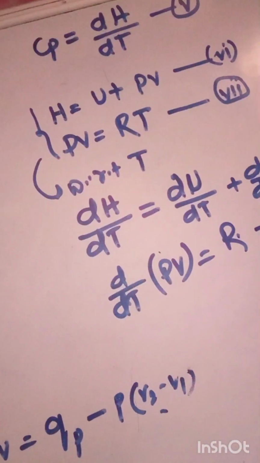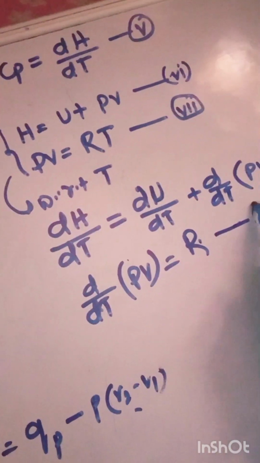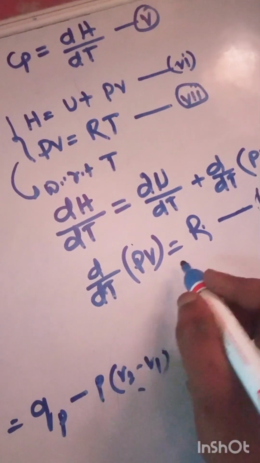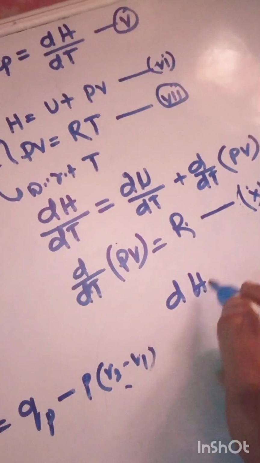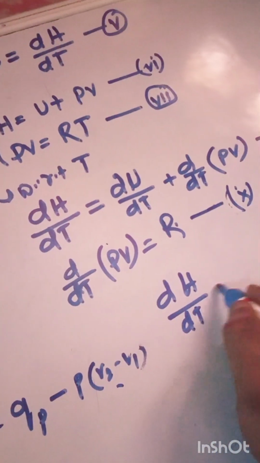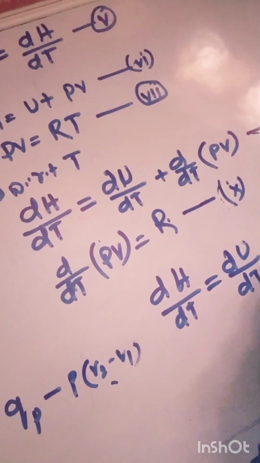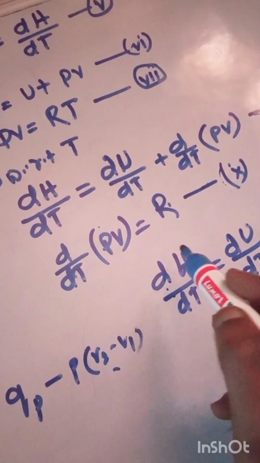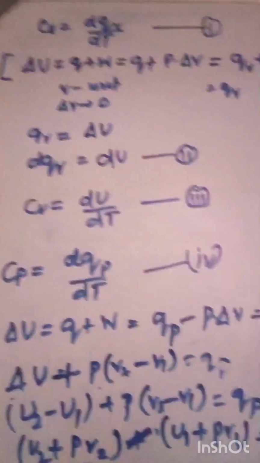Now this is equation 9 and this is equation 10. So putting the value of d by dT of PV equals R into equation 9, we will get dH upon dT equals dU upon dT plus R. Now we already know that dH upon dT is nothing but Cp, and dU upon dT is nothing but Cv.